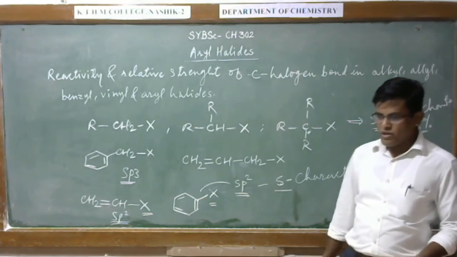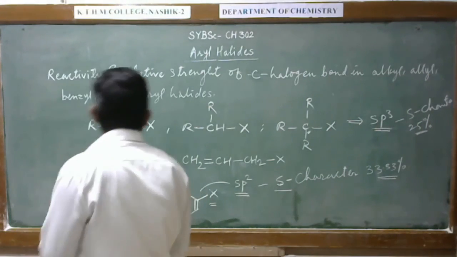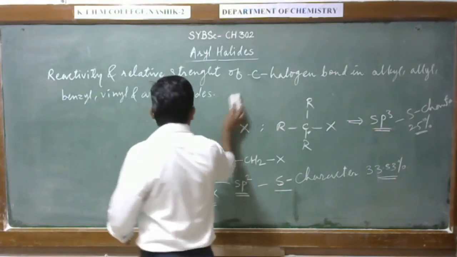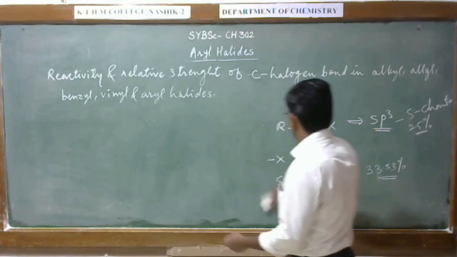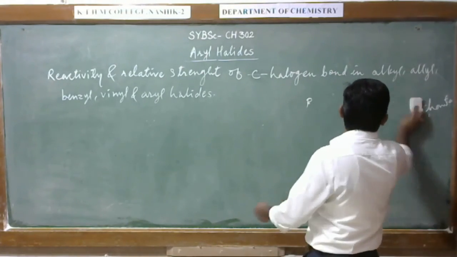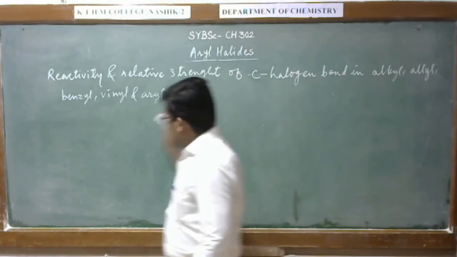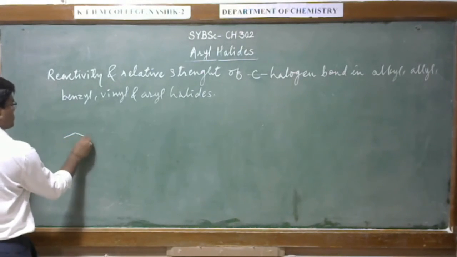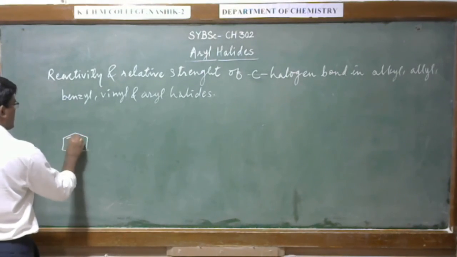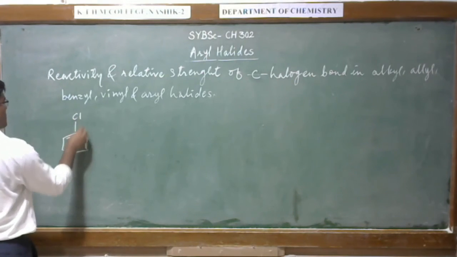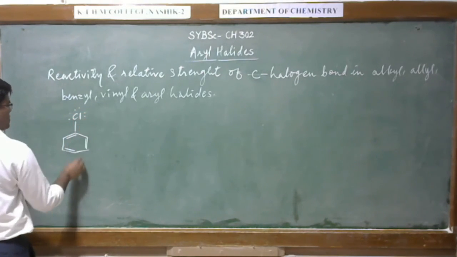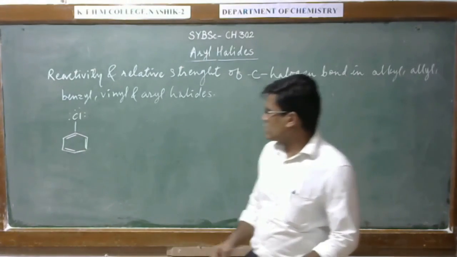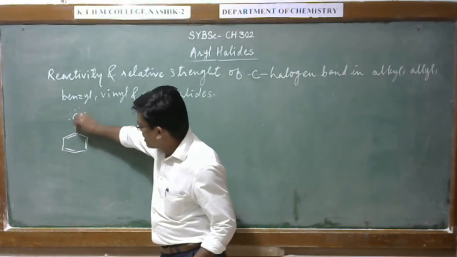Alright. So one more aspect is, when this aryl halide, for example chlorobenzene, shows the partial double bond character for this carbon-halogen bond.